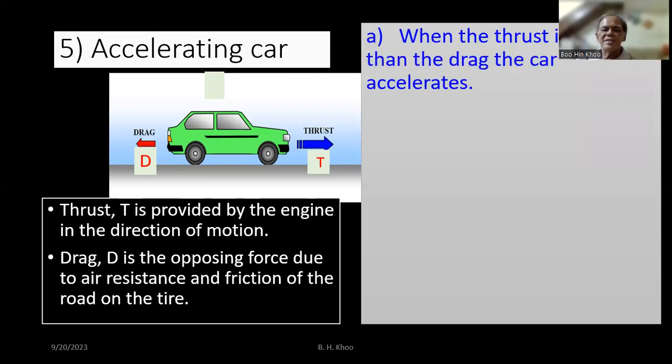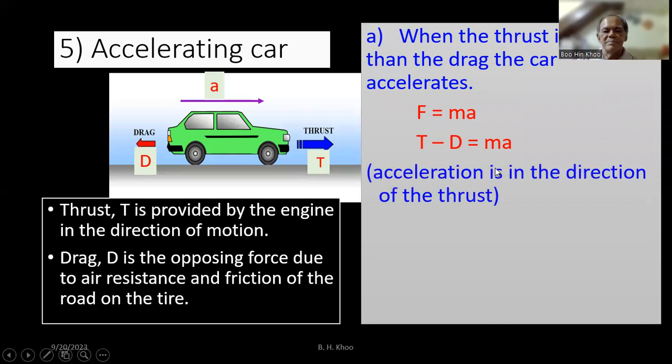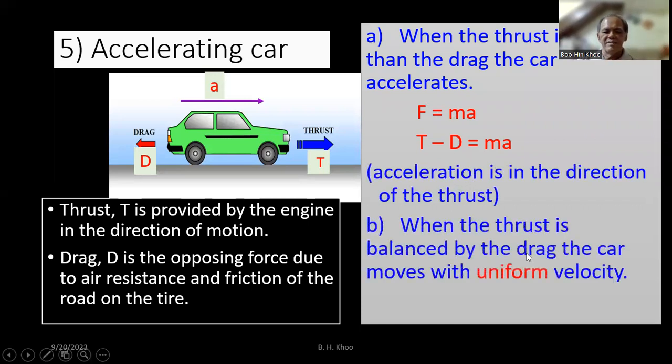When the thrust is greater than the drag, the car accelerates. Right? T greater than D, it accelerates forward. F equals ma, so T minus D equals ma. Acceleration is in the direction of the thrust.